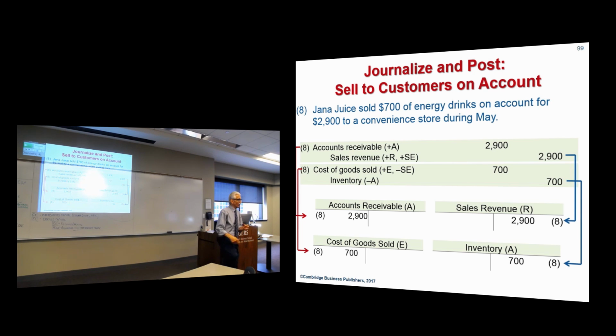By a reduction of liabilities, I mean unearned revenue being reduced. So an inflow of assets doesn't say an inflow of cash. In the first case, it was a debit to cash, credit to sales revenue. In this case, it's a debit to accounts receivable and a credit to sales revenue. So same revenue, but in this case, no cash flow.